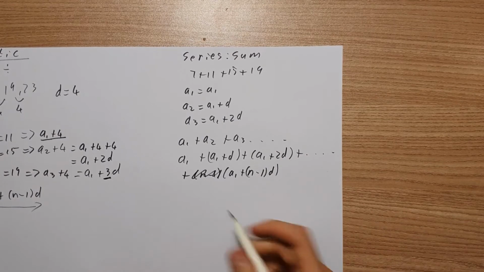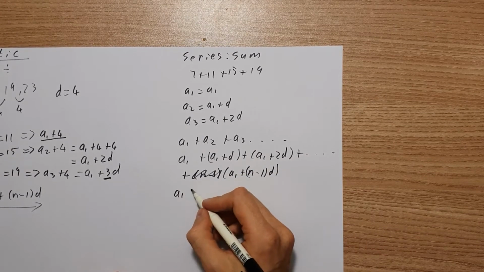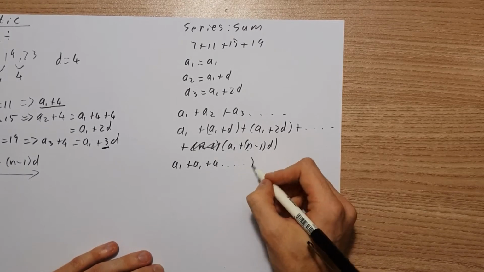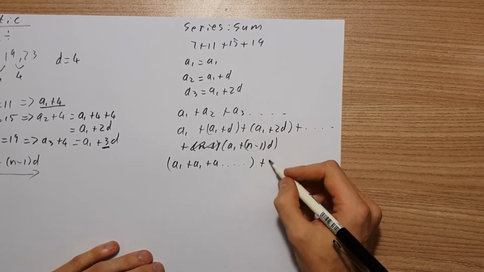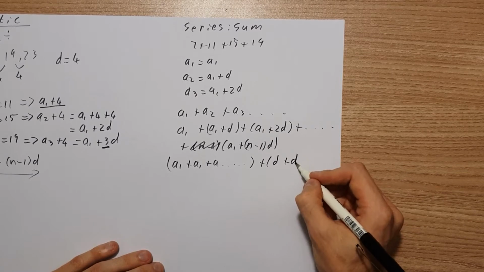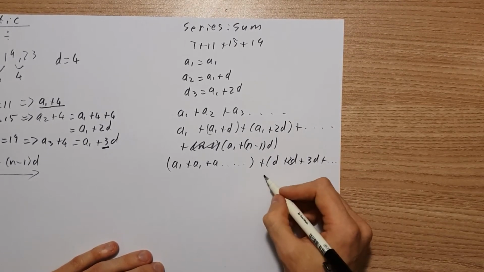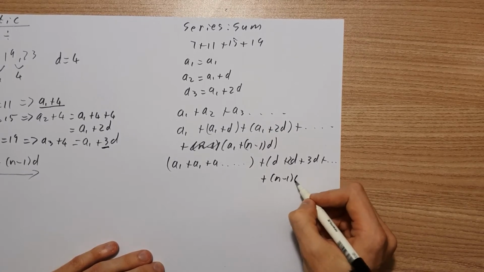Now I can split the terms and group them, so I'll have the sum of a1s, which goes on and on, plus d plus 2d plus 3d, and that also goes on all the way to (n minus 1)d.